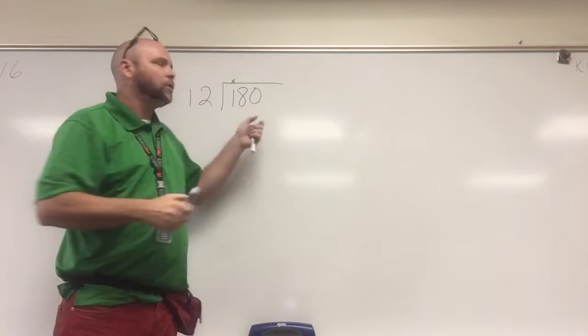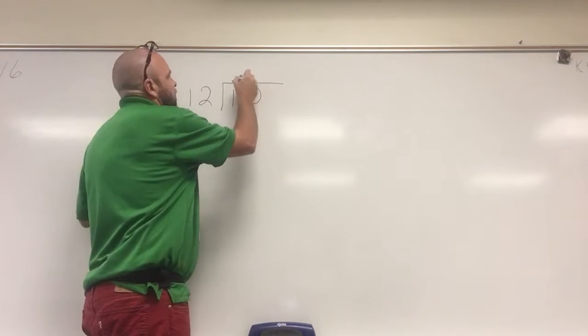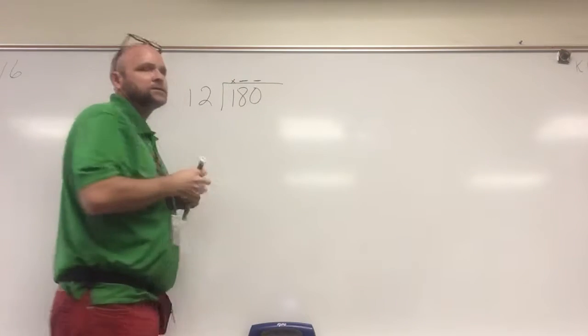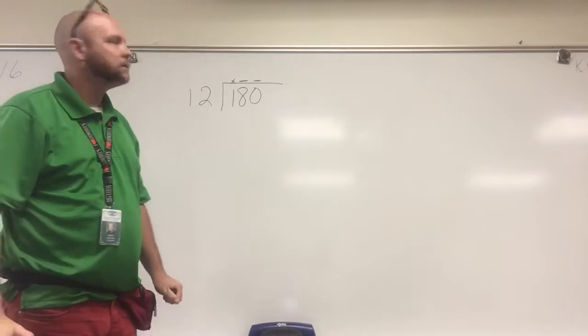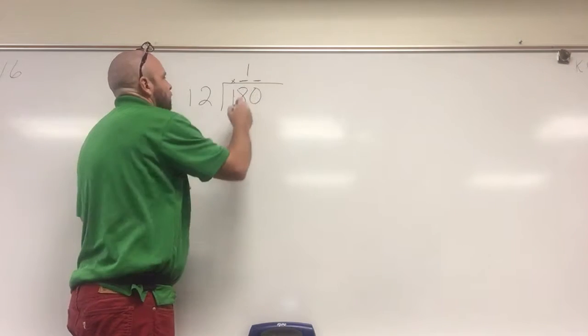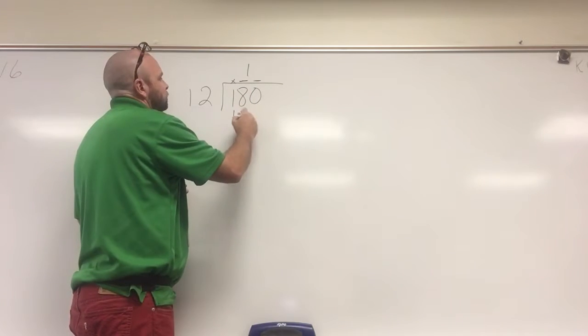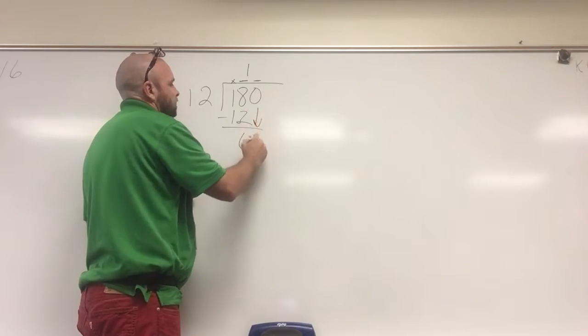Tamara, is 12 going to go into 18? Yes. My answer is going to have 2 digits, so it's greater than 9 but less than 100. 12 can only go into 18 one time. 1 times 12 is 12. Subtract, it's 6. Bring down my 0.